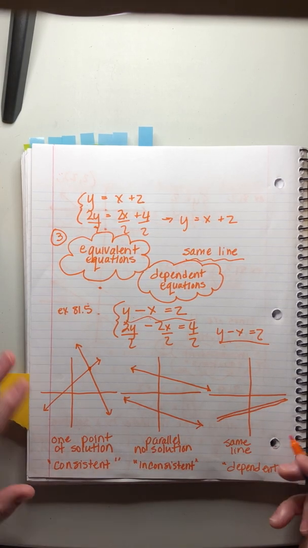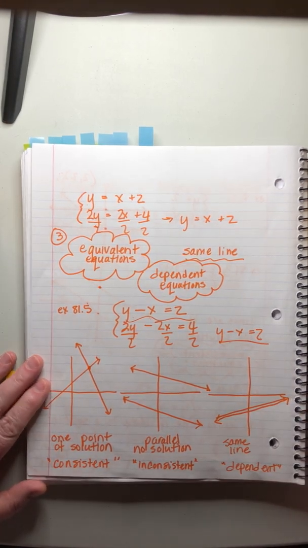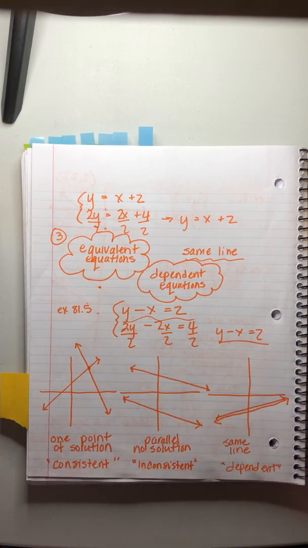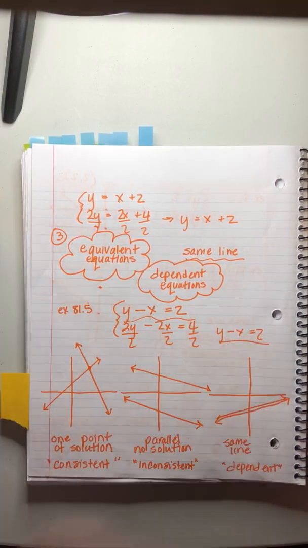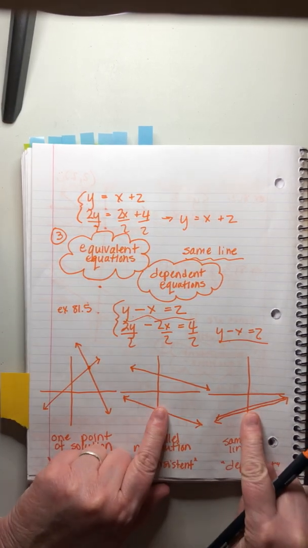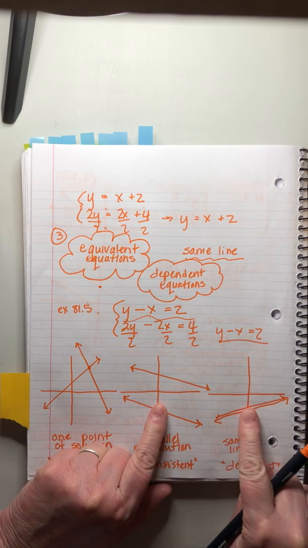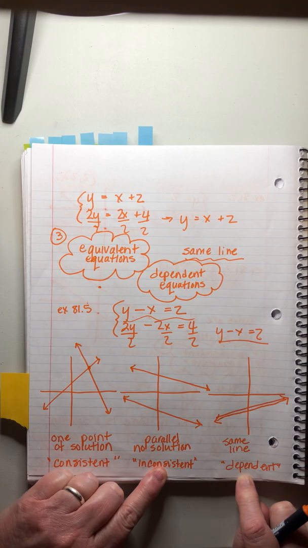Okay, so 3 fancy words to summarize the 3 different types of systems that we might encounter, all right? We're not going to use these words a lot, but understanding the 3 different pictures is really important, and being able to identify what looks special about these 2 equations that triggers you to knowing that you've got a weird scenario on your hands, all right?